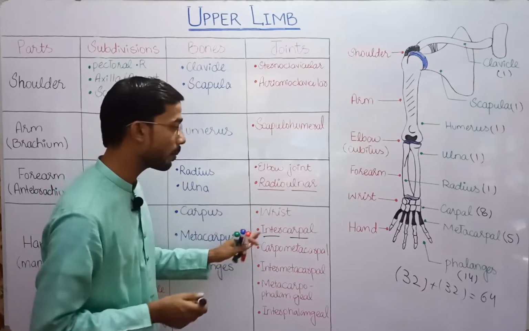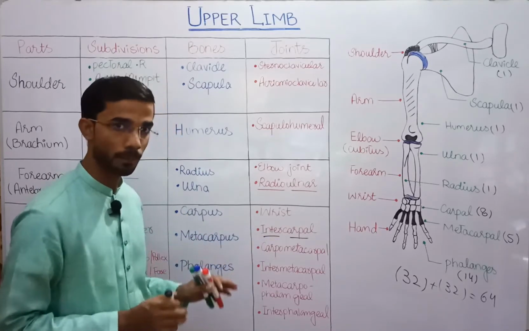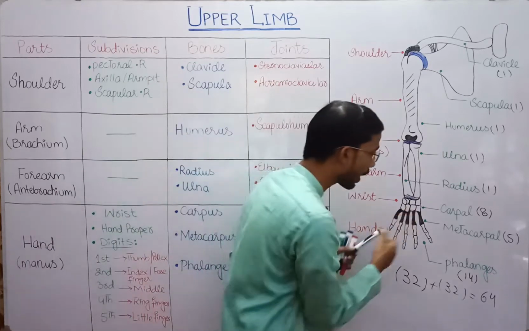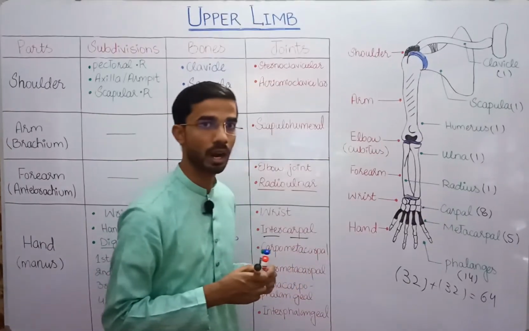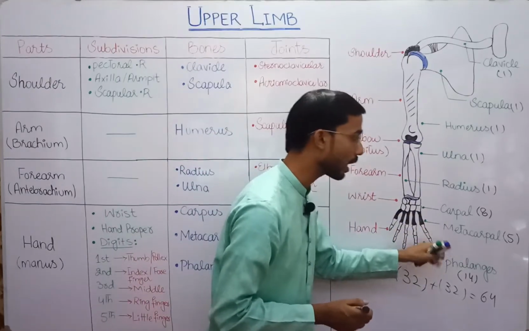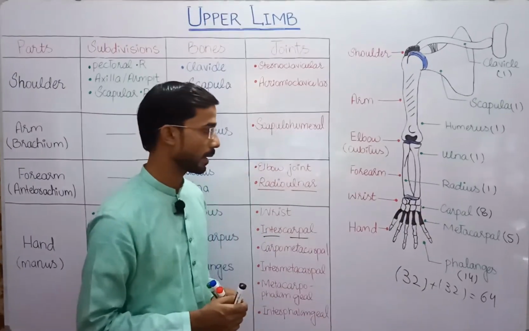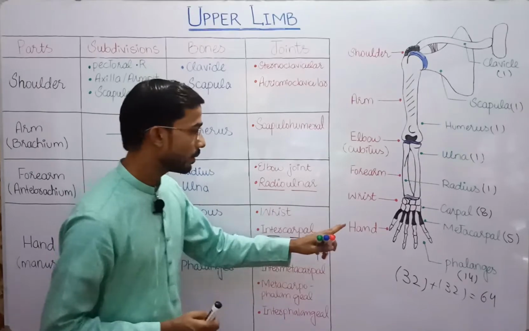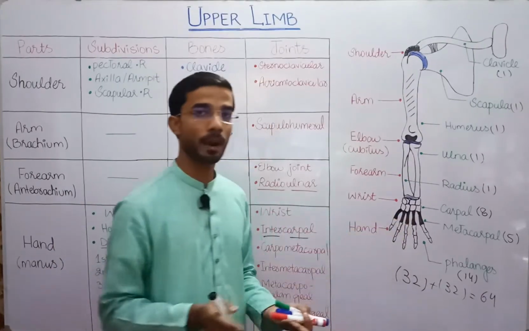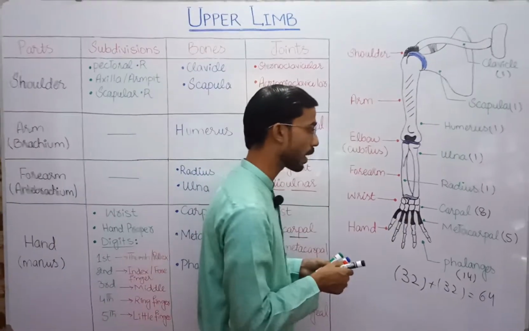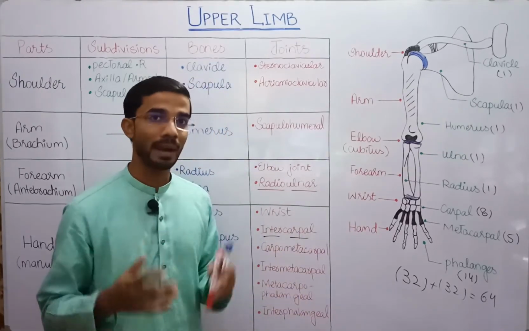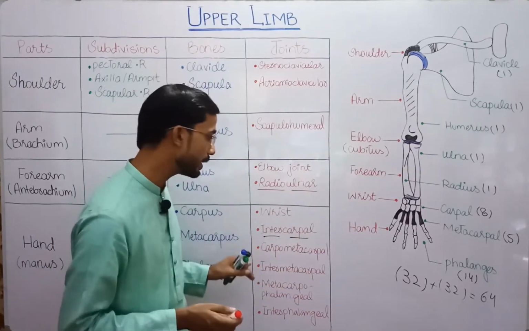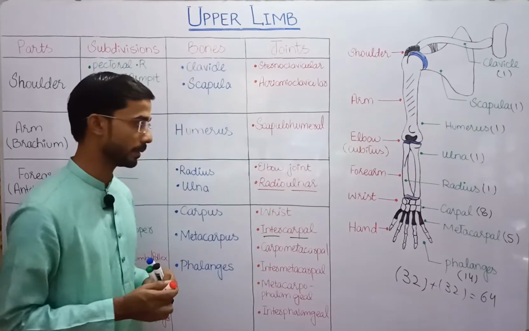Next is the carpometacarpal joint. It means the joint formed between the carpal and metacarpal bones is called the carpometacarpal joint. Next, here you can see metacarpal bones can also form joints between themselves. So the joint formed between metacarpal bones is called the intermetacarpal joint.